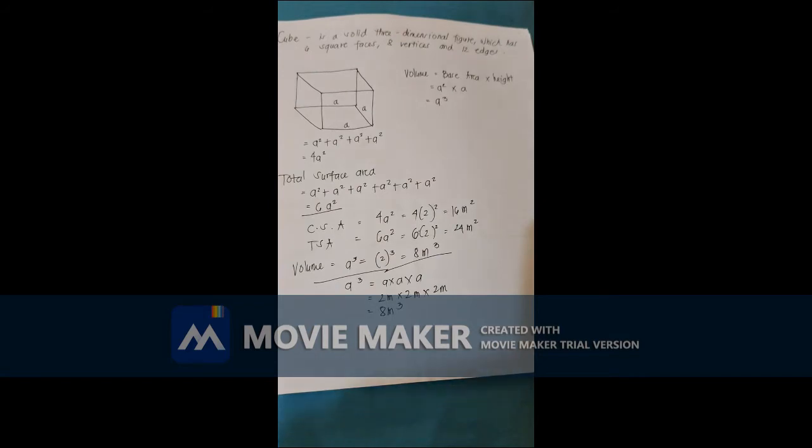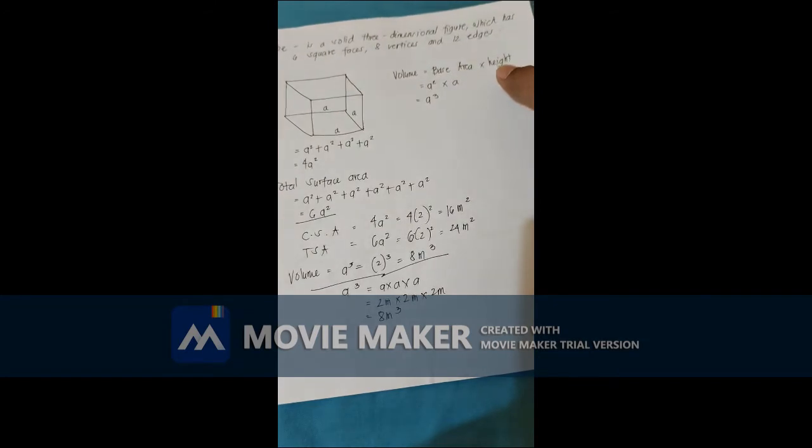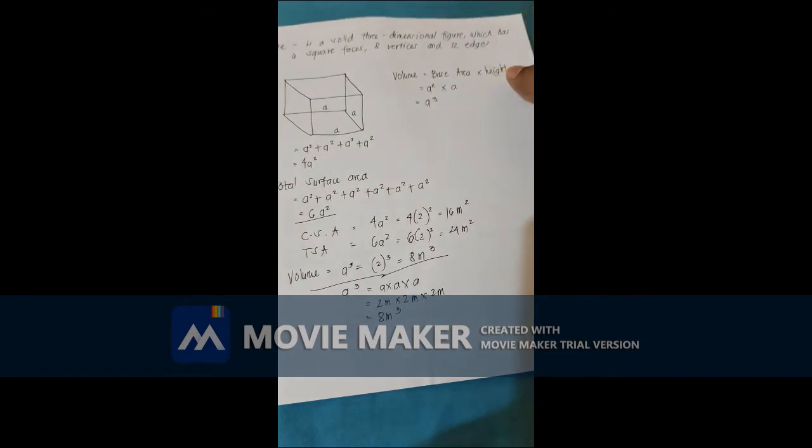Let's proceed to cube. A cube is a solid three-dimensional figure which has 6 square faces, 8 vertices, and 12 edges. The volume formula is base area times height.